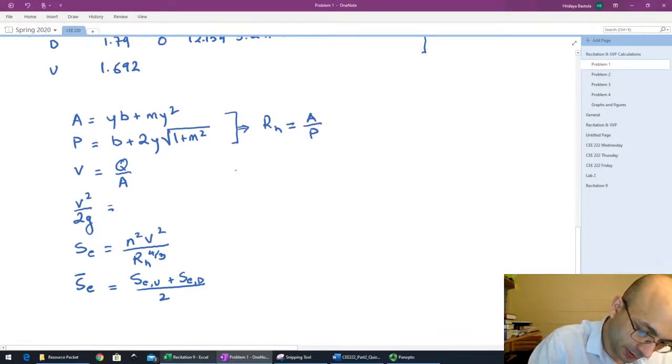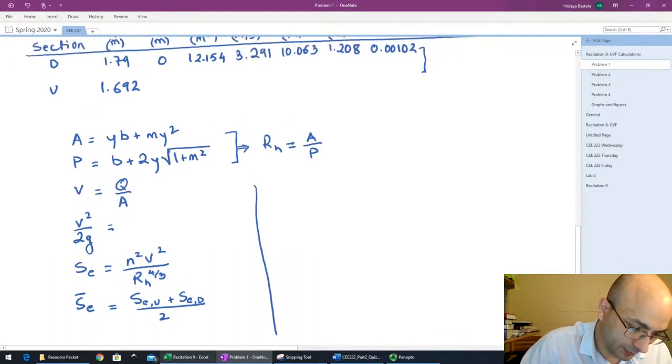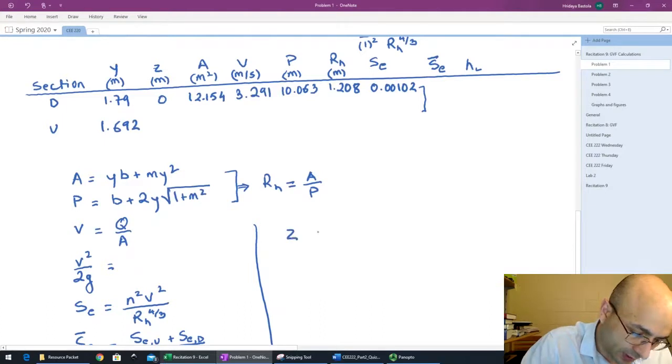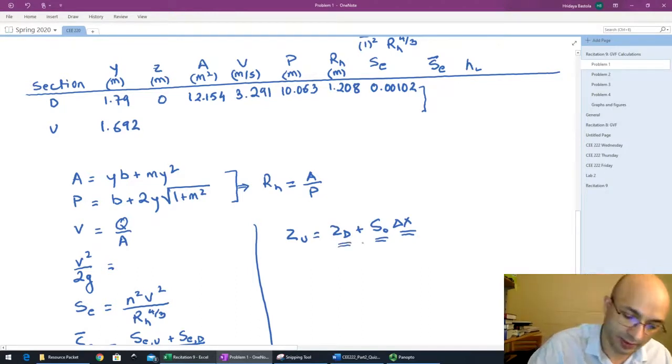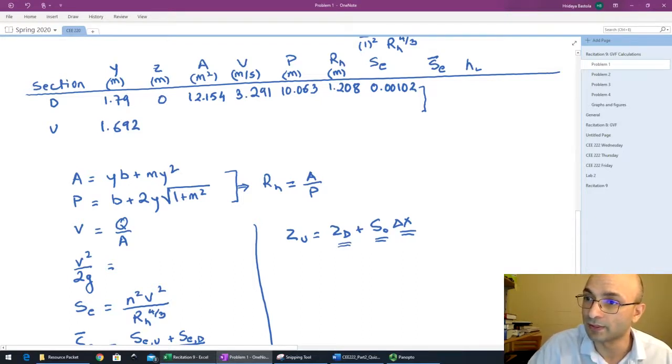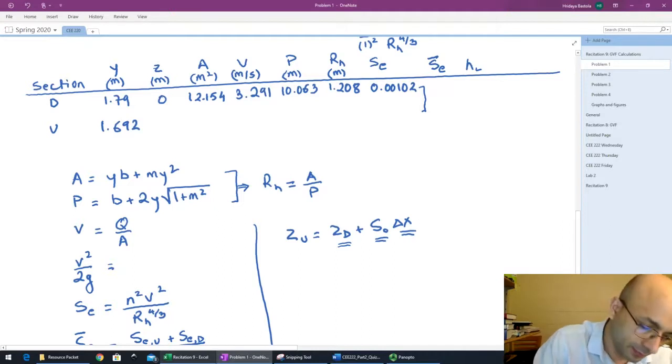Okay, let's just add that equation down here. z upstream equals z downstream plus channel slope times delta x. We know delta x is 5 meters. We're given S0. We picked our downstream z as the datum, so that is 0. We can calculate our zu using this equation.